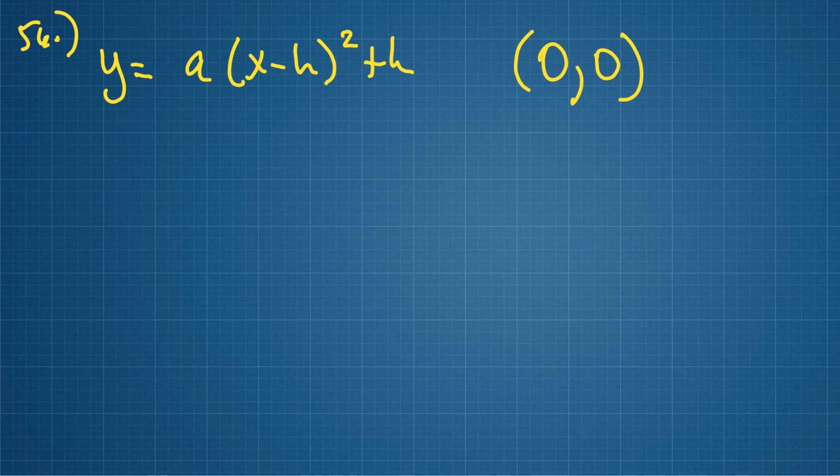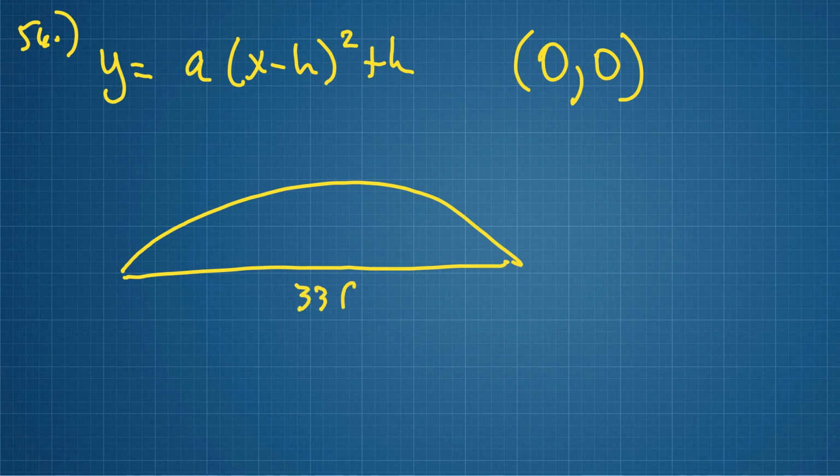All right, so 56 is talking about a flying fish, and they want you to write a quadratic function that models the flight. They're telling you that the distance of the flight is 33 feet.